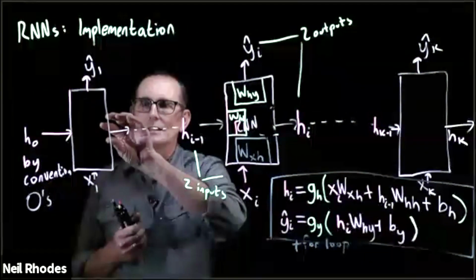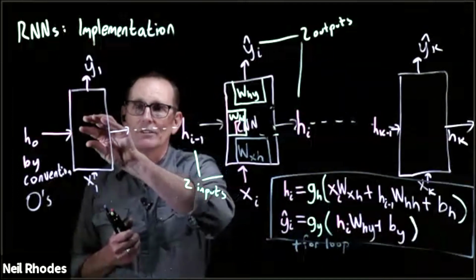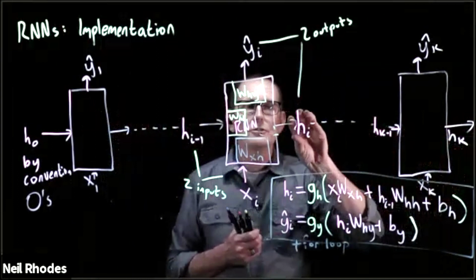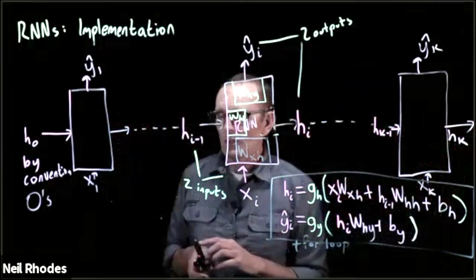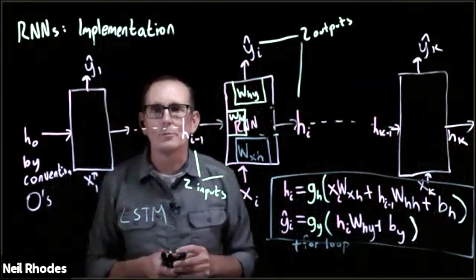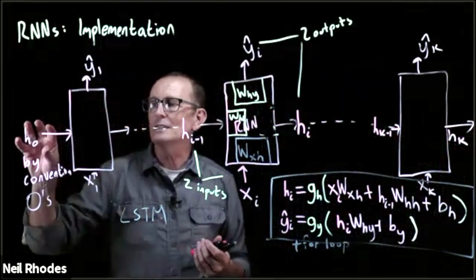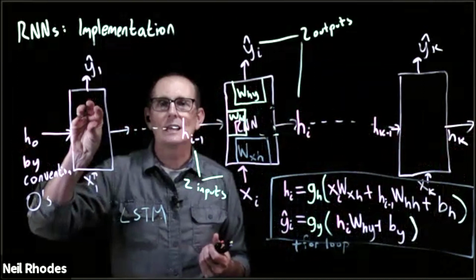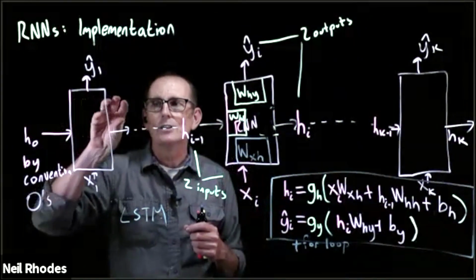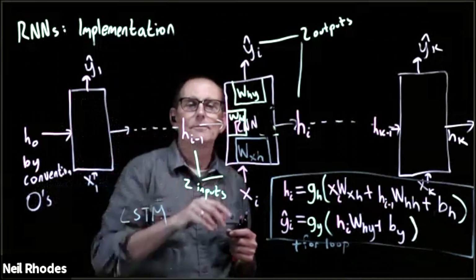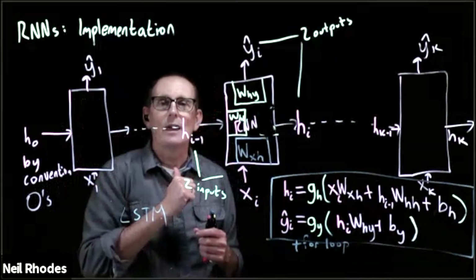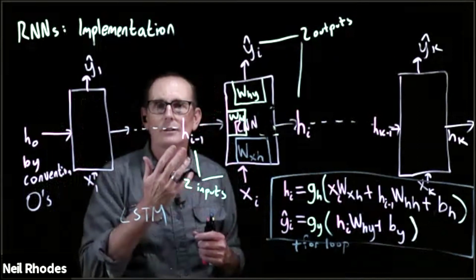If you're trying to maintain a memory of something from very early in a sequence to way in the future, it's hard to do that with these h sub i's. So, foreshadowing, we're going to see something called an LSTM, long short-term memory, which provides, as well as h, an actual memory cell or set of memory cells, which are specifically designed to automatically maintain their value. And then there are mechanisms to read data out of it and mechanisms to clear it or to write to it.